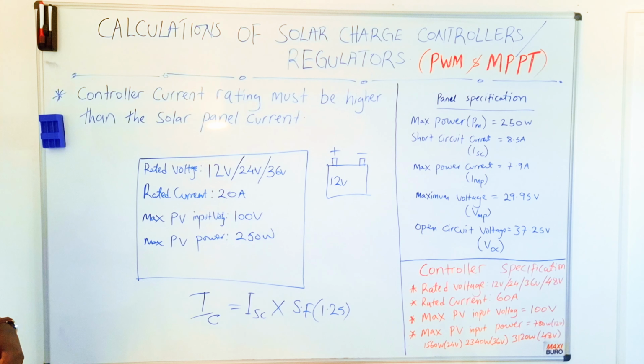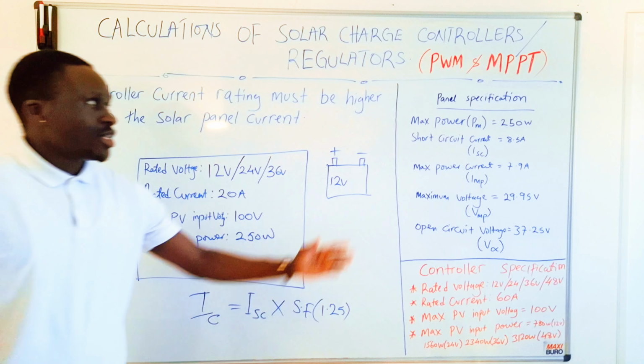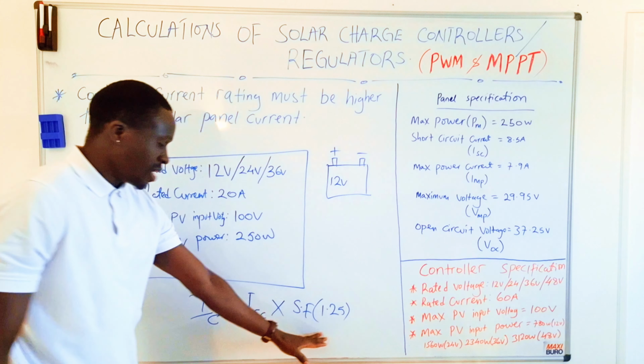And this is how we calculate the charge controller for PWM or MPPT. This is the formula you use.